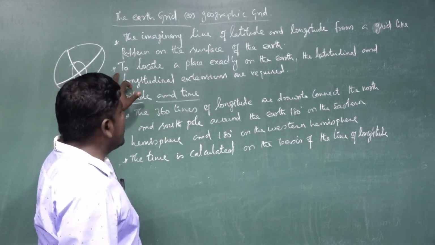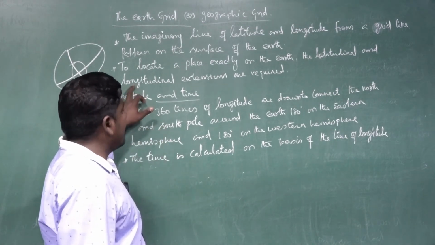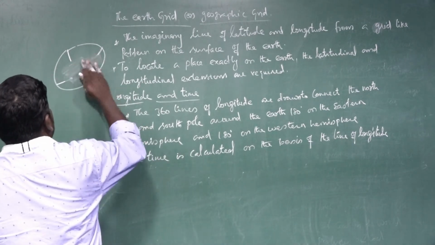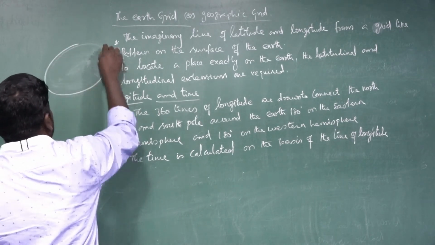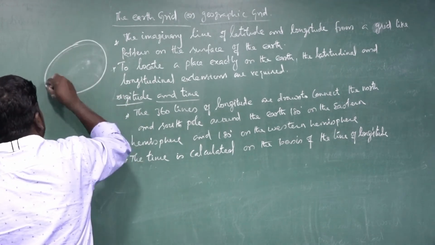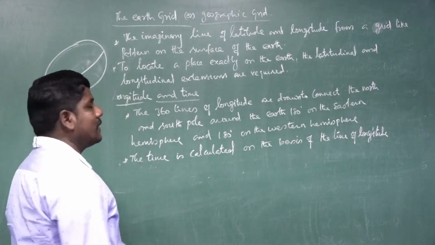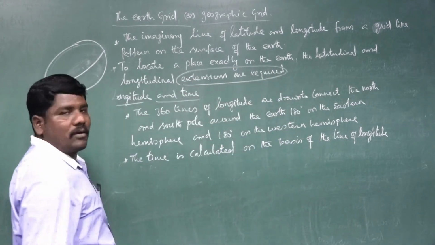To locate a place exactly on the earth, the latitudinal and the longitudinal extension are required. This is a structure of the earth, and this one is the latitudes.